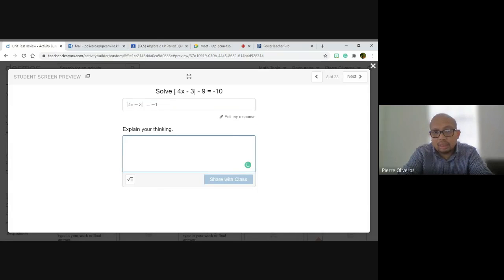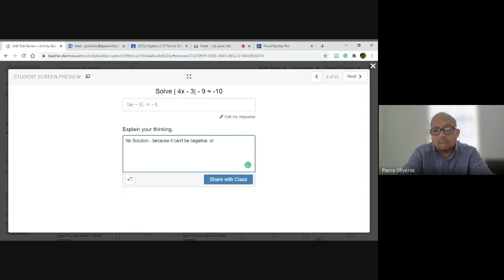And then, look at this. We don't accept a negative after an absolute value. So the answer here is no solution. You explain it because it cannot be negative. You can say as simply as it cannot be negative.